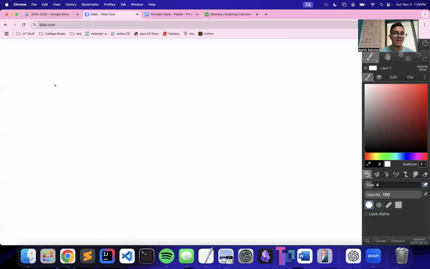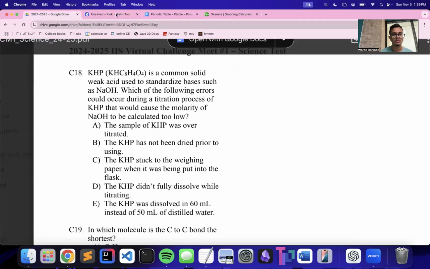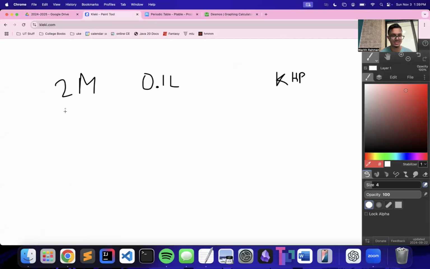So let's say we have a 2 molar solution of KHP, and 0.1 liters of it. When we multiply these two, we get the number of moles of KHP. In theory, the number of moles of NaOH should be the same by definition of titration. They should cancel each other out, at least in this case, assuming it's a 1-to-1 thing for simplicity.